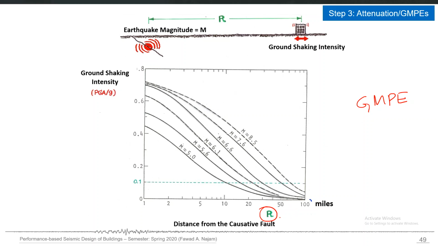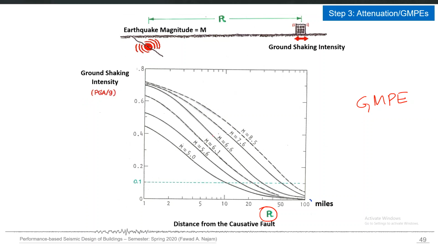So you have to keep the definition of this R in mind also. Generally it is the distance from the causative fault, but technically it may have a different definition, for example epicentral distance or hypocentral distance. On the y-axis you have the ground shaking intensity, which is represented by a ground motion parameter, for example PGA.